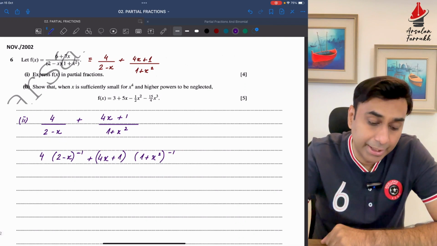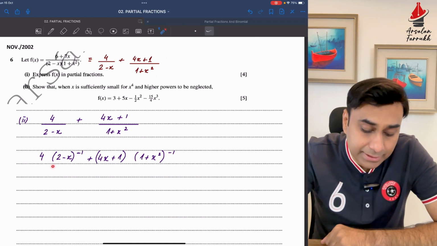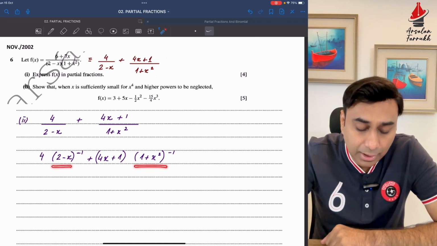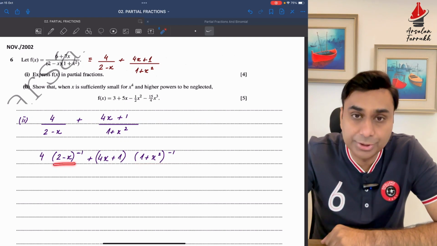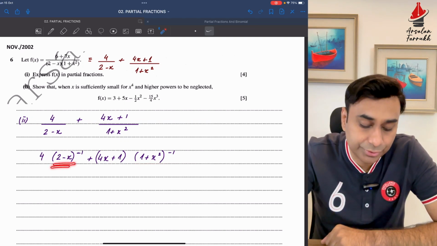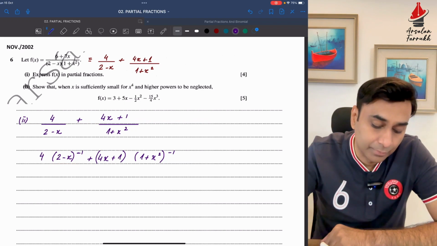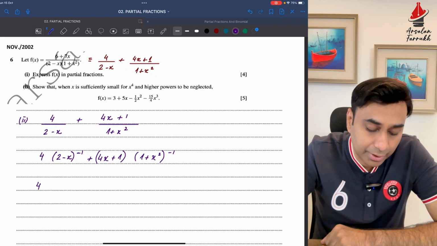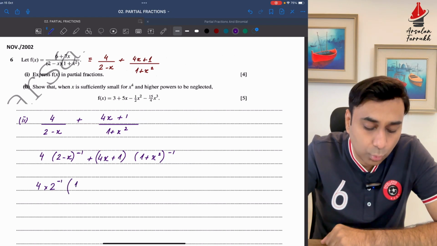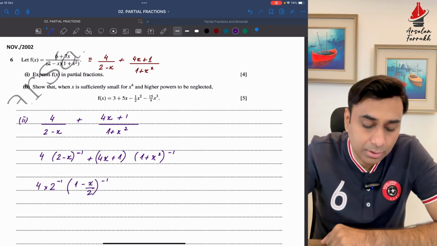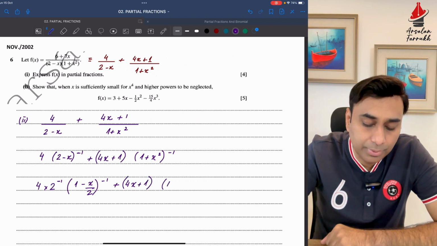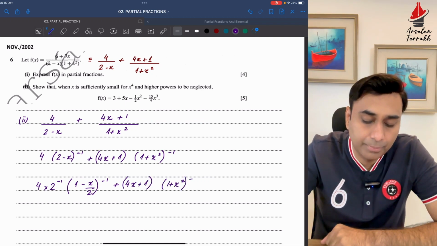I have to do the binomial expansions of this term and this term, but I'm not ready to do the binomial expansion of this term because its first term is 2 and I want it to be 1. So what I'm going to do is take 2 power minus 1 common. So this becomes 1 minus x upon 2 to the power minus 1, plus 4x plus 1 and 1 plus x squared to the power minus 1.